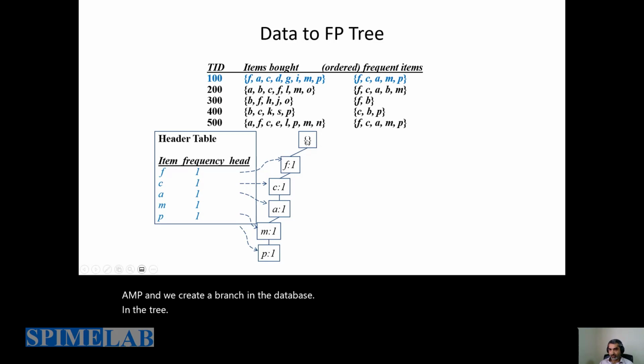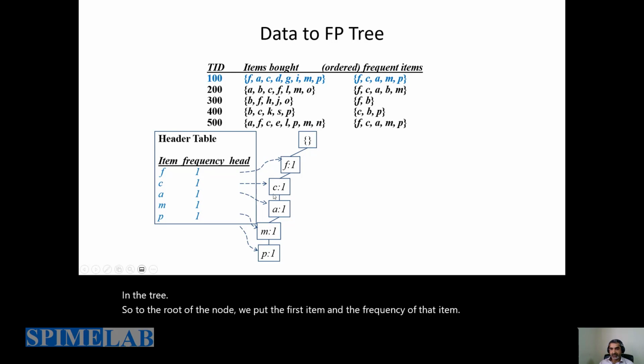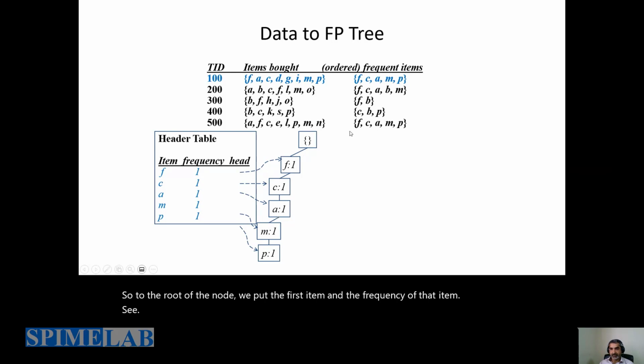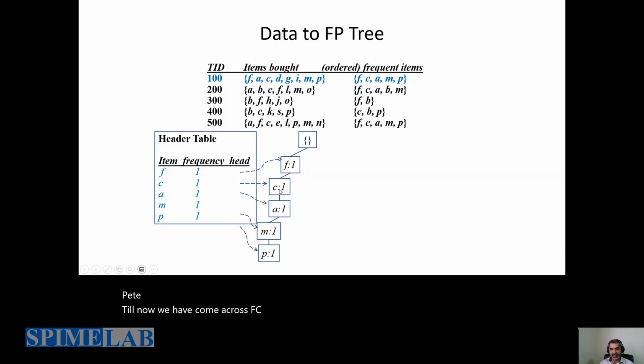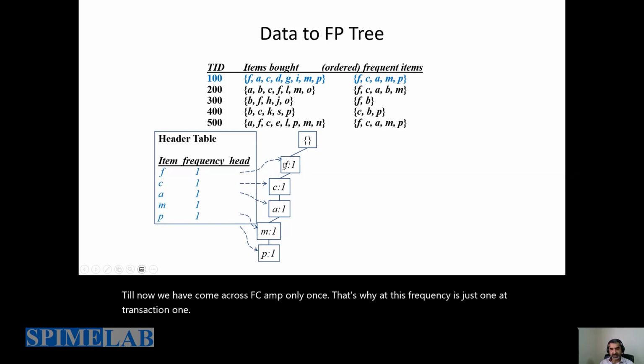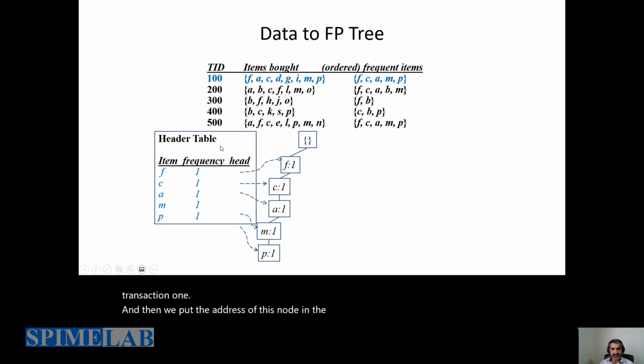So to the root of the node, we put the first item and the frequency of that item: F, C, A, M, P. So far, we have come across FCAMP only once. That's why this frequency is just 1 at transaction 1. And then we put the address of this node in the head column of the header table.